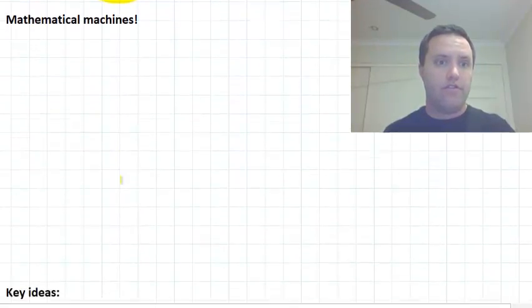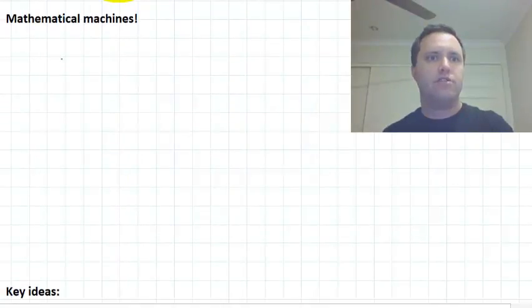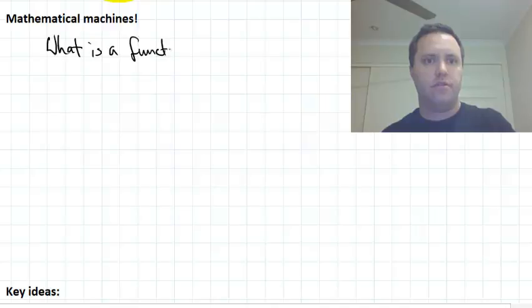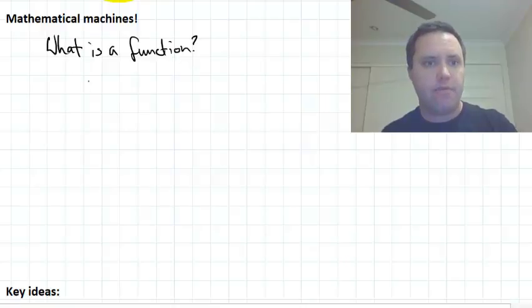Okay, so first, mathematical machines. So there's these things called functions. Okay, so let's think about what is a function. In mathematics we have some functions, and a function is based off of a variable or more than one variable. For example, we might have a function of x.